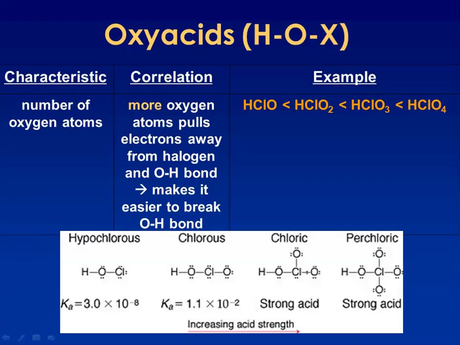When it comes to oxyacids, those that have oxygen attached to that halogen, the amount of oxygens that are attached is going to have a significant role in determining that acid's strength. And the reason why is that oxygen is just as electronegative as the halogen.